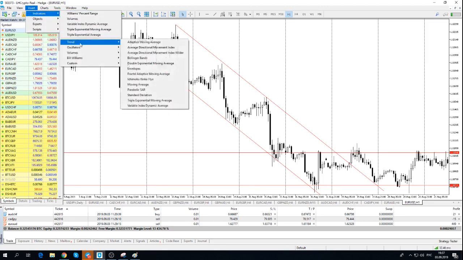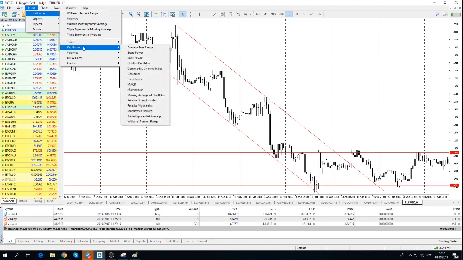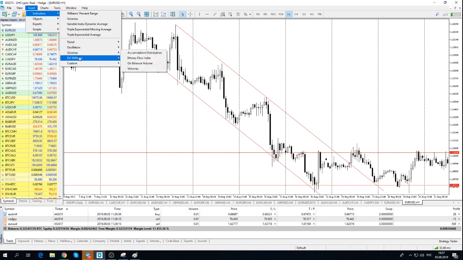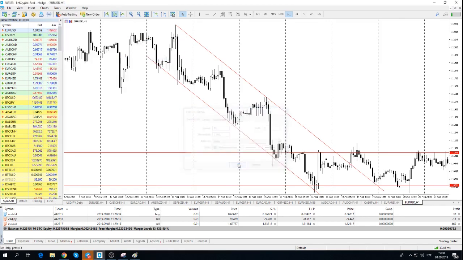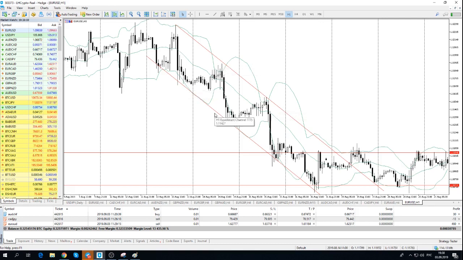So we have trend indicators, which better give us an understanding of what the trend is right now. We have oscillators, which are very useful in range, when the price is in range, and we have other indicators. If you can see right now, for example, trend indicators, let it be Bollinger Bands, I will tell you about it later. You can see how much faster than technical analysis we can see how price goes down.